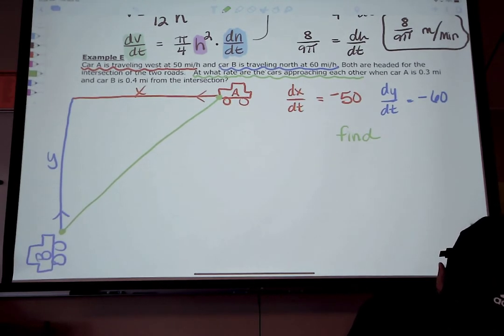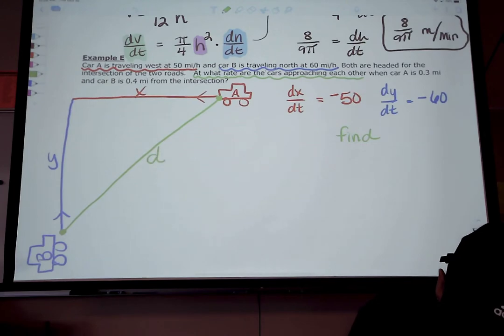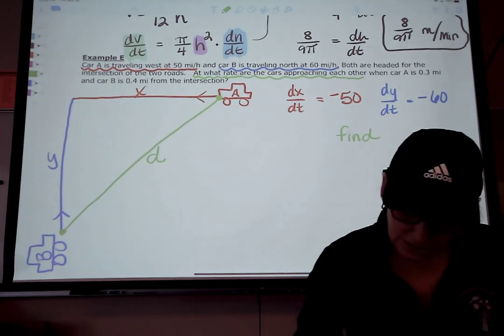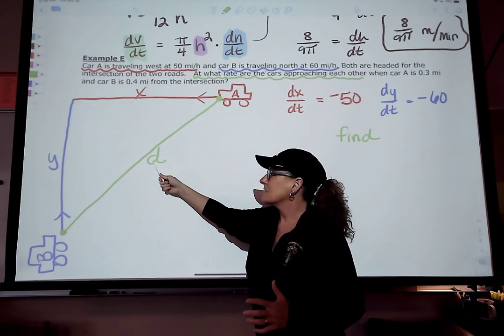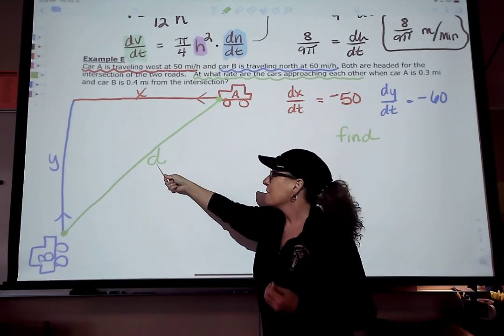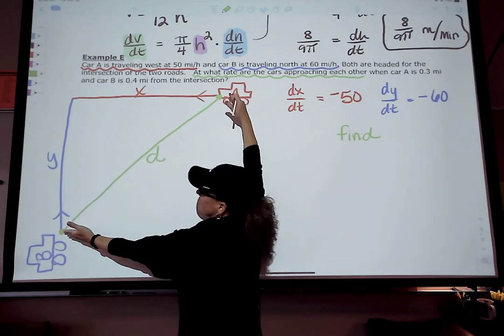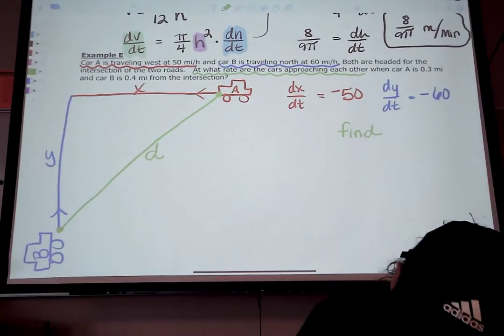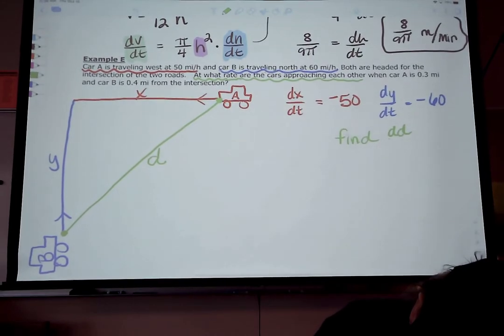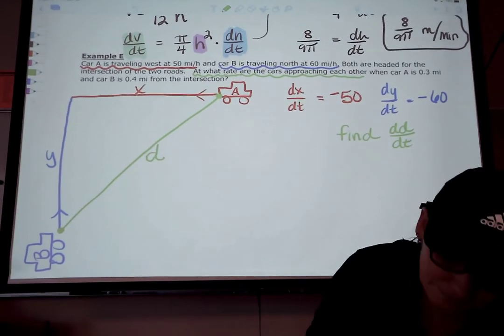Let's call it D for distance. How's that? Find the rate. It's not saying find how far apart they are. Find how fast this green segment is changing. Find the derivative of d with respect to t.